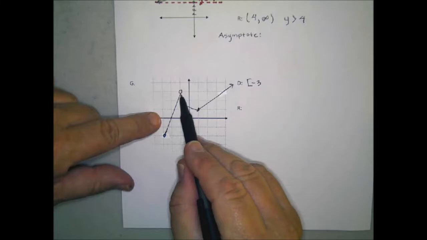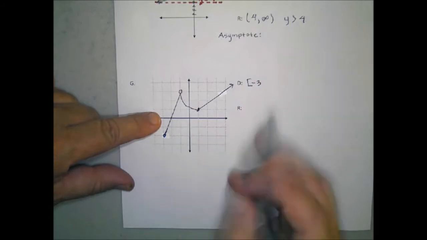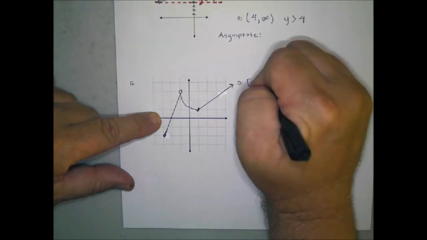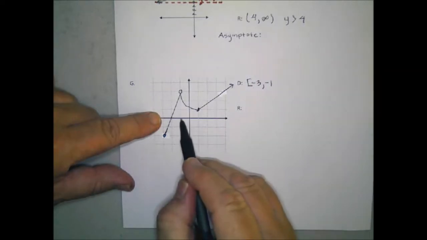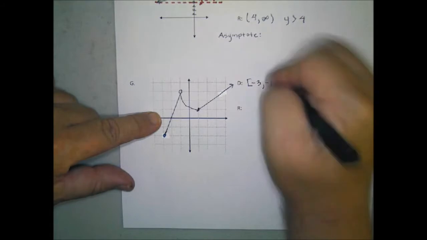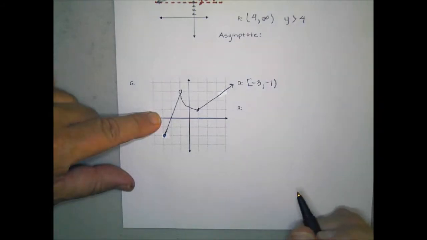And then it goes to x equals -1. But because this is an open point right here, I never really use this point. So it gets closer and closer and closer to -1, but it doesn't touch -1. So I'm going to leave that open.